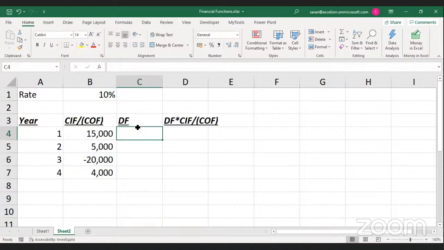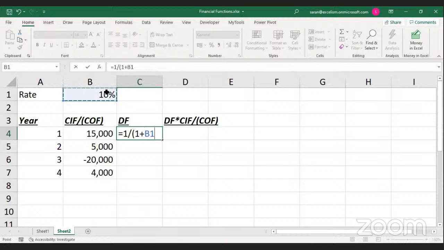So if it is 1 rupee as of today, how much is the value after 1 year? After 2 years, how much is the value? I can use a mathematical calculation: 1 divided by (1 plus this rate) whole to the power of 1. This is what we learned in our CA days, right? I hope you all agree with me.